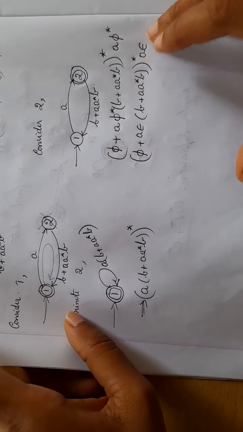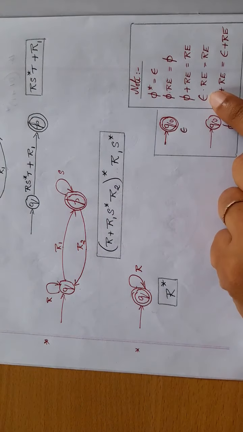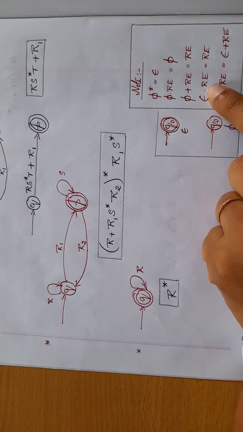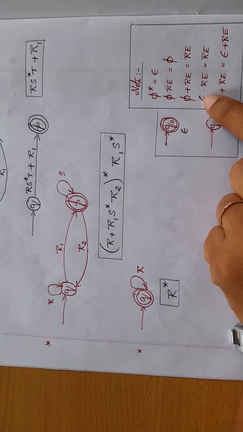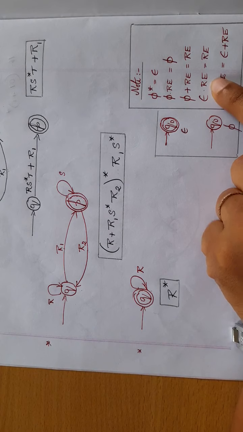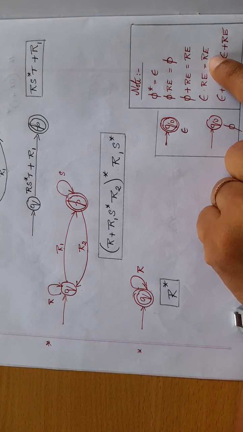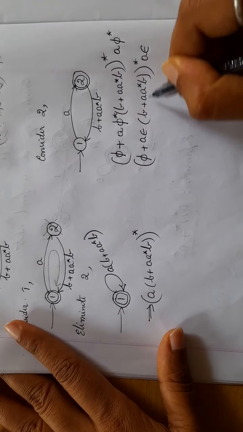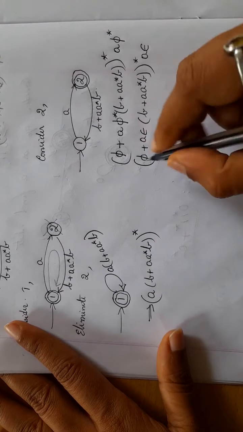Next you have epsilon here. What happens? Concatenate this thing. Epsilon into a regular expression. If you have epsilon concatenated with a regular expression, it is nothing but the regular expression itself. So here, this is a regular expression, and epsilon concatenated with it is the regular expression itself.